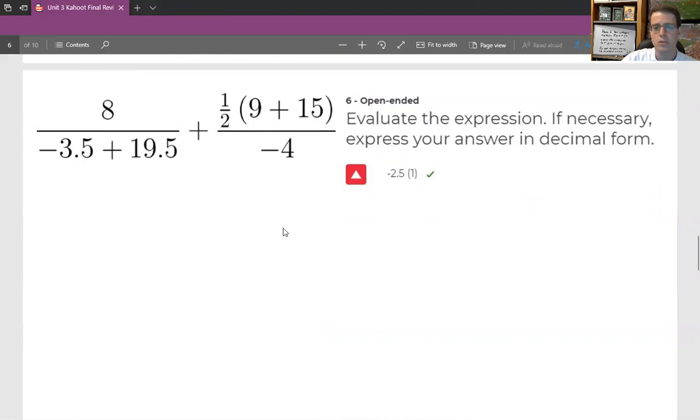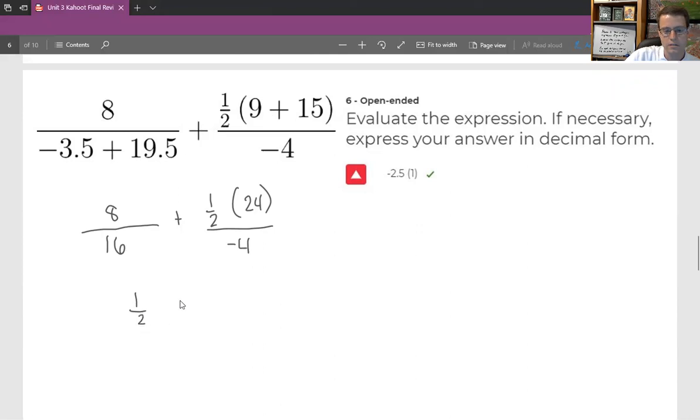Step by step with this order of operations question here. This becomes 8 divided by negative 3.5 plus 19.5, which is a positive 16, plus 1/2 times the quantity 9 plus 15, which is 24, all divided by negative 4. 8 divided by 16 is 1/2.